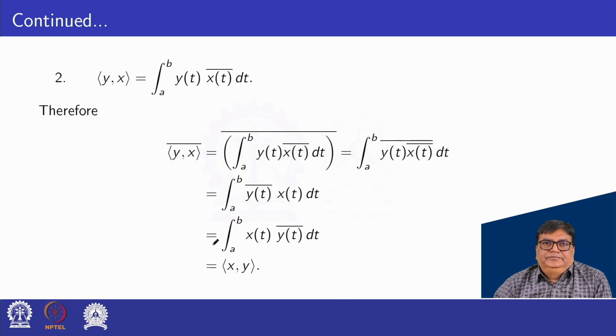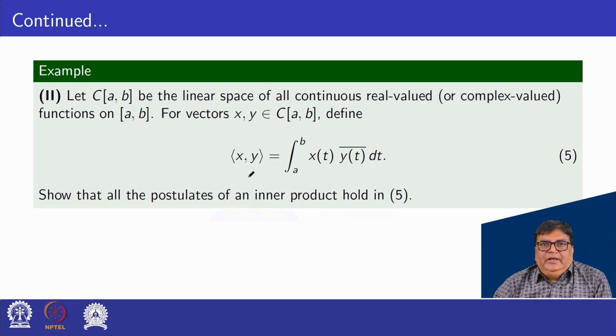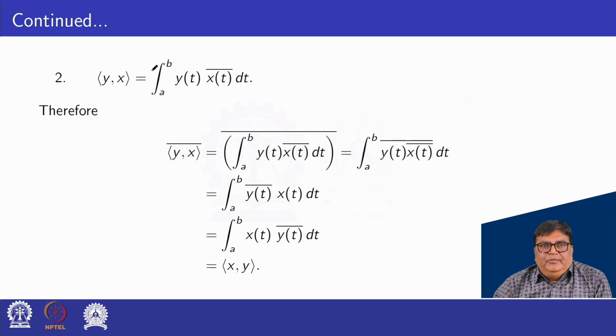Second condition: here inner product of x, y is defined as the integral of x(t) y(t) bar dt. So inner product of y, x can be defined as the integral of y(t) x(t) bar dt. Therefore, taking the complex conjugate of both sides, inner product of y, x bar equals the conjugate of the integral from a to b of y(t) x(t) bar. This can be written as the integral of the conjugate of y(t) x(t) bar.